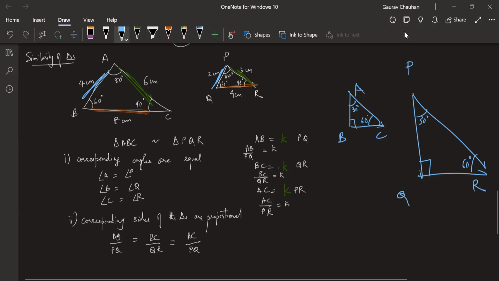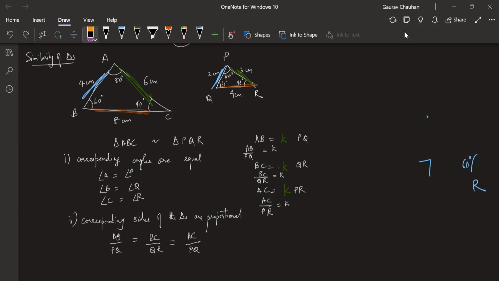If you know this, then as a conclusion you can say that their corresponding sides will also be proportional. In the same way, if you just know that the corresponding sides are proportional, you can conclude that the angles will be equal.